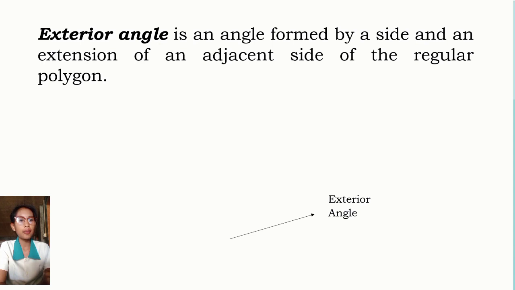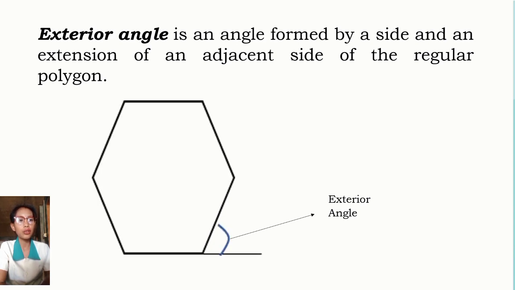Last is the exterior angle. Exterior angle is an angle formed by a side and an extension of adjacent side of a regular polygon. So, ito naman yung halimbawa niya. So, naka-form siya, diba, ng angle kapag nag-extend yung line niya.